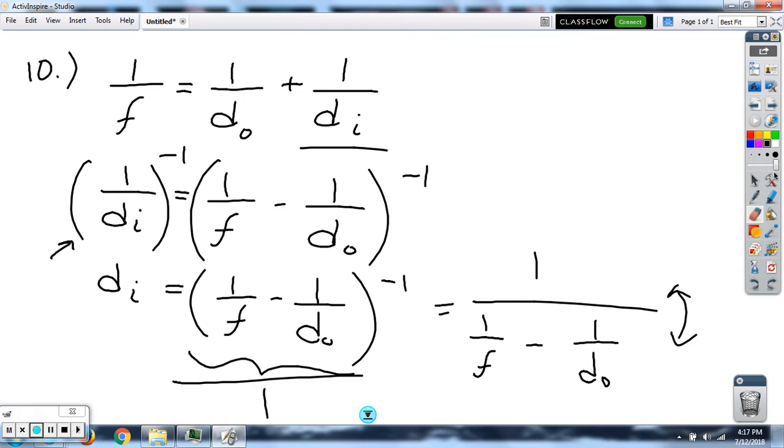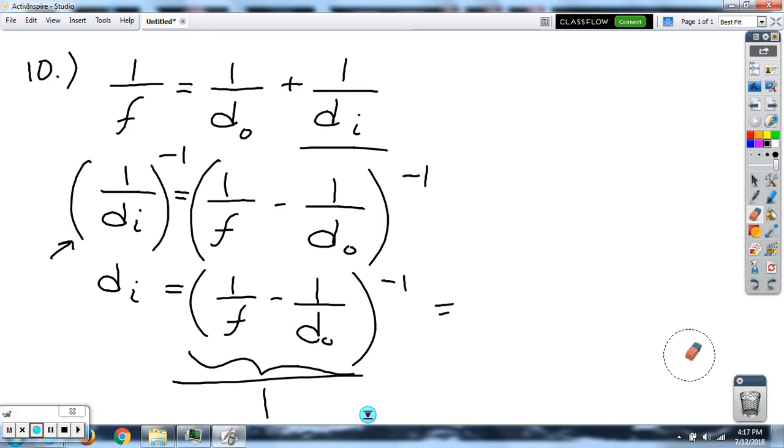But that's generally not a form that is often used. So if you wanted to simplify this any further, which again, you could leave it in the form that I have it here, is to first get this term here to have a common denominator.